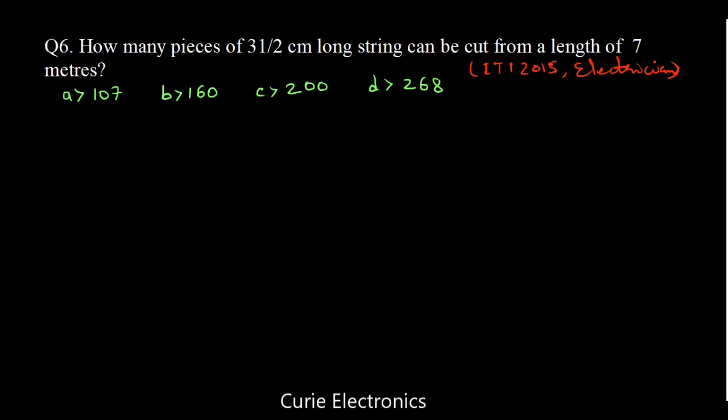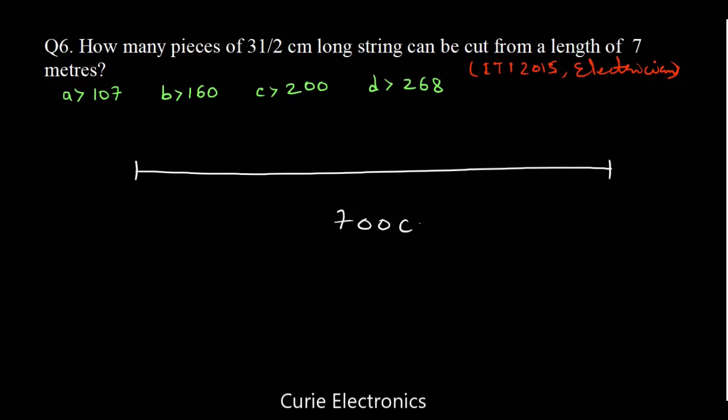Next question. How many pieces of 3.5 centimeter long string can be cut from a length of 7 meters? First thing is that it is 7 meter. 7 meter, when you convert it to centimeter, is 700 centimeter. This is all we have learned previously on how to convert. You can watch the previous video, which I'll give in the I button.